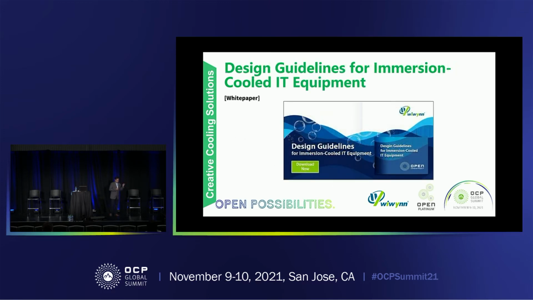So the second one is the guidelines for immersion-cooled IT equipment. As you know, all the IT gear that we have today is based on air-cooled, and all the materials we use around IT gear are suitable for air-cooled. Now, we take this same IT gear and immerse it into a new technology which uses a fluid, and we use two-phase immersion cooling to cool the same material that was earlier built for air-cooled.